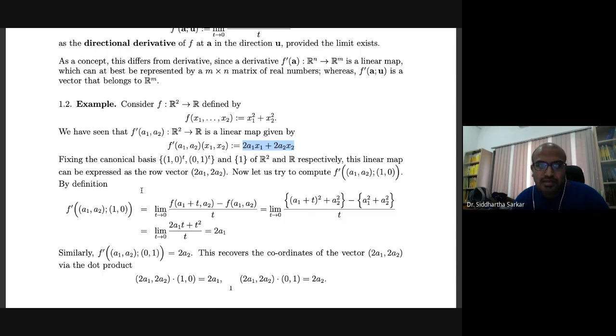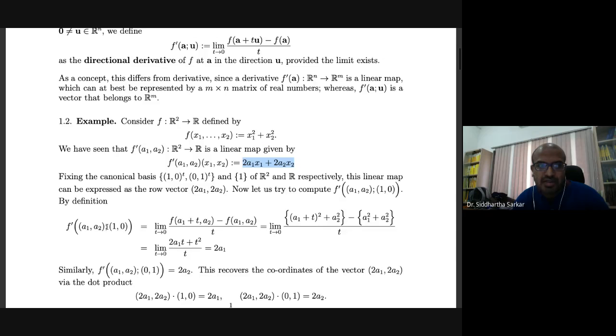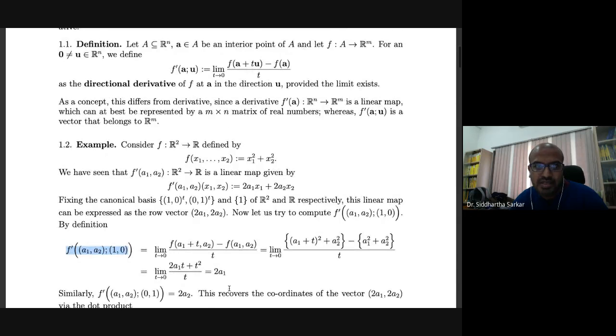And now let's check what happens if I try to find the directional derivative along the axis. Let's put these values in the above definition over here. You see it is f of (a1, a2) plus t times (1, 0). So that is f of (a1 plus t, a2), and you're subtracting f of (a1, a2), dividing by t.